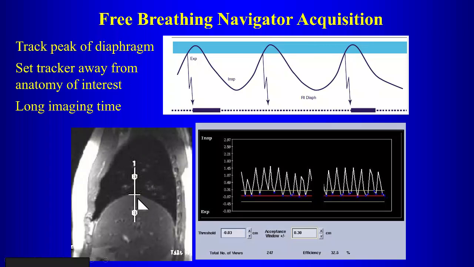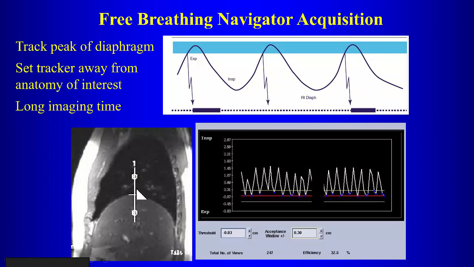But because you're going to be introducing gradients to track the motion of the diaphragm, where you pick to track it, you want to make sure that is pretty far away, or outside of any anatomy that you want to look at. So if we want to look at the heart, we will track the motion of the diaphragm away from the heart so that it doesn't affect the information that we're acquiring.